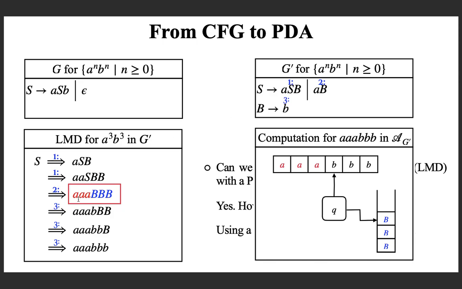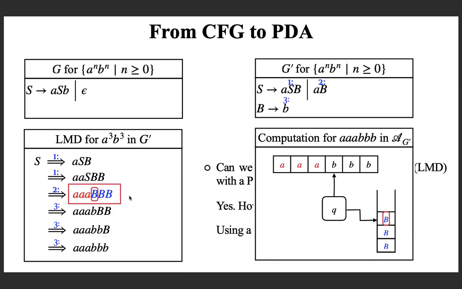So whatever part of the string is derived so far in the automaton that we are going to construct, that part will already be read by the automaton. So the read head will be pointing to the next symbol after this, and whatever string of variables follows the derived string, that will be the content of the stack.